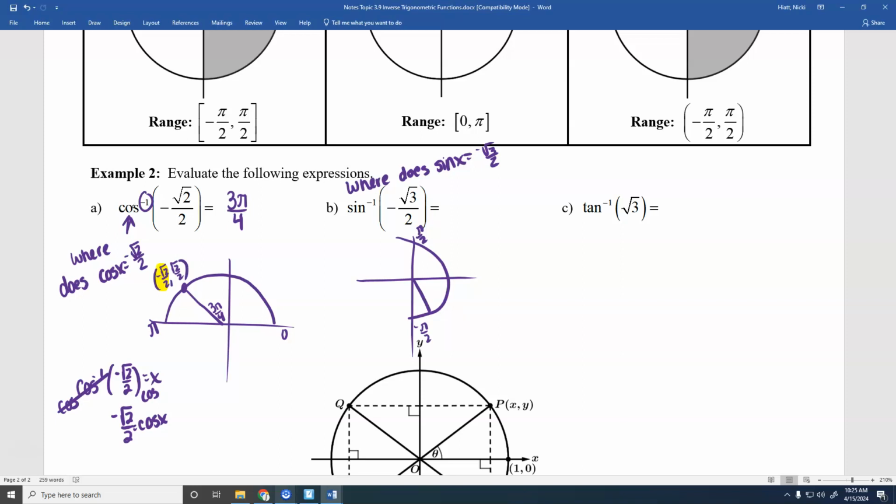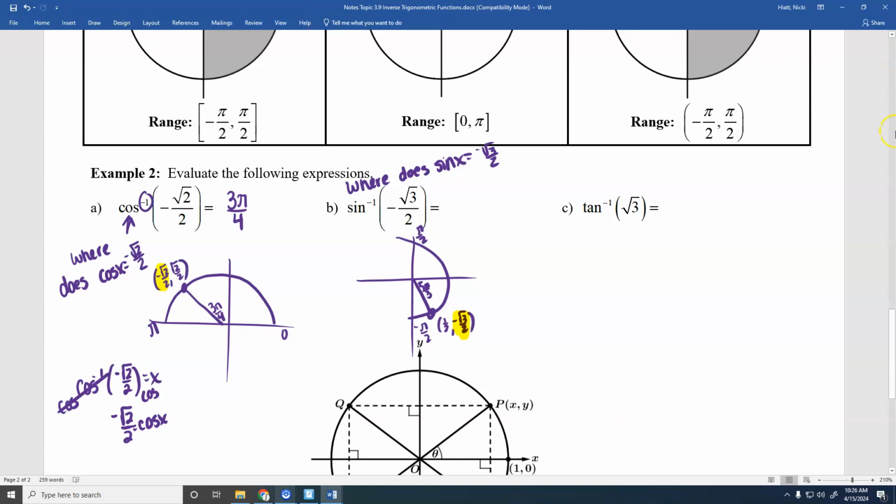So 5 pi over 3 is right here, and the coordinates for that are 1/2, negative square root of 3 over 2. So that's definitely the spot that we're looking at. We're looking right here where our y coordinate, which is sine, is negative square root of 3 over 2. However, is 5 pi over 3 between negative pi over 2 and positive pi over 2?